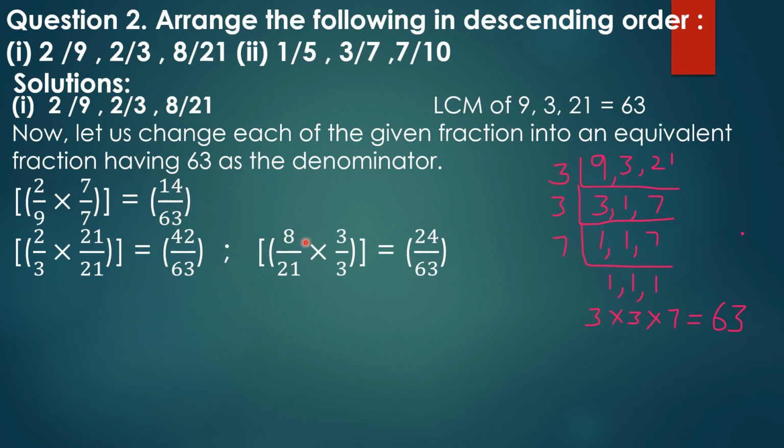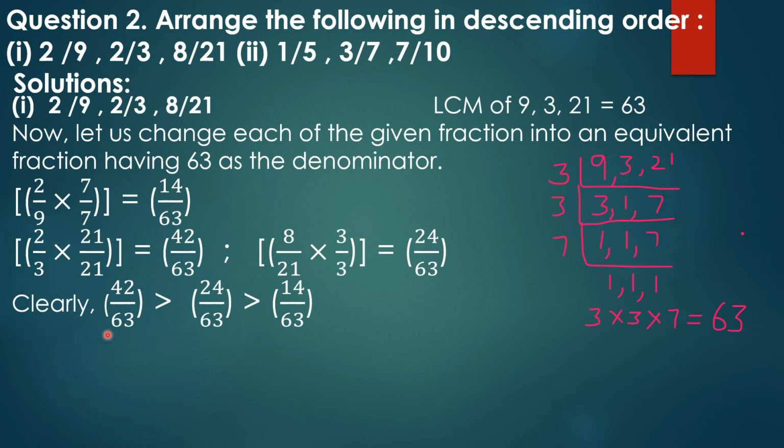And consider the next fraction, 8 by 21. Here again 21 should be multiplied by 3 because the denominator should be 63, and multiply the numerator also by 3. Therefore, this will become 8 into 3, 24, and 21 into 3, 63. So, we converted the given fractions into equivalent fractions with the denominator 63.